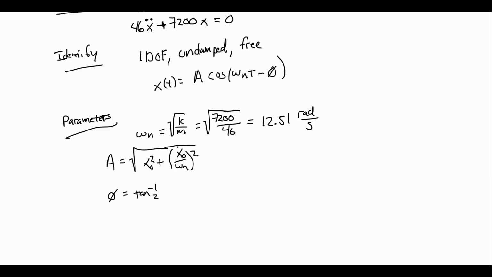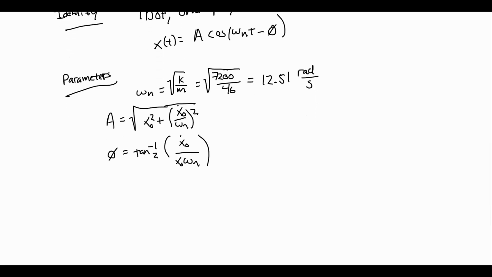So that's going to be the 4-quadrant arctangent of x dot naught over our x naught omega n. So we'll have to come back once we do our initial conditions to figure out a and phi.